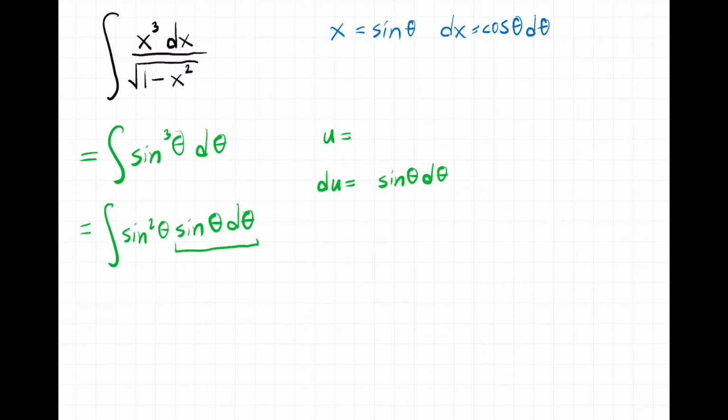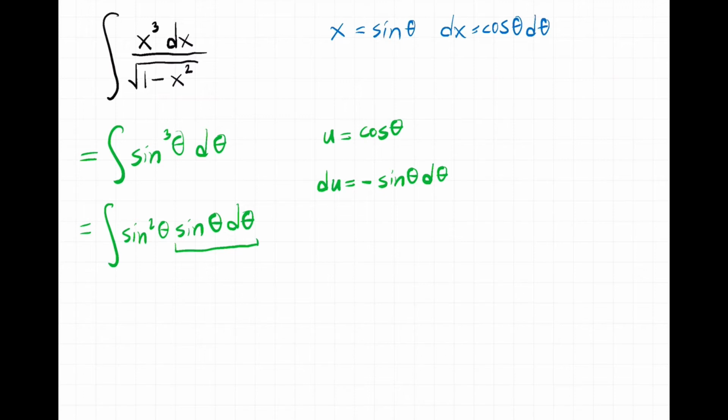So the u function is going to have to be cosine theta, which means that our du is actually the derivative, going to be negative sine theta d theta. Now, you could have set your u to be negative cosine theta if you wanted to, and that would mean that your du is positive sine theta d theta. But it's usually easier to keep the u as simple as possible, and if there are any negative signs to be dealt with, stick them on the du instead.